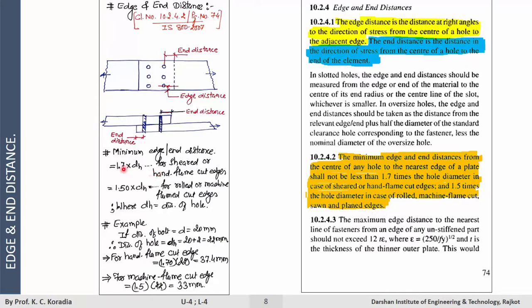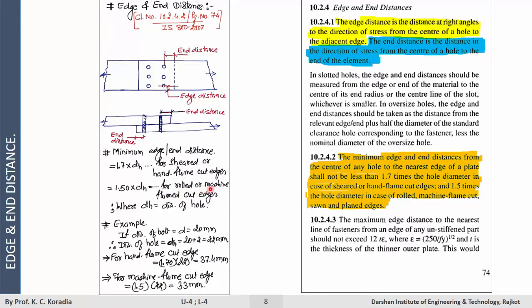This means if it is a hand flame cut, your edges are not as sharp as those of a machine cut edge. Therefore, the code has suggested a coefficient of 1.7 times the hole diameter for an edge or end distance. This clause is applicable to both your edge as well as your end distance.